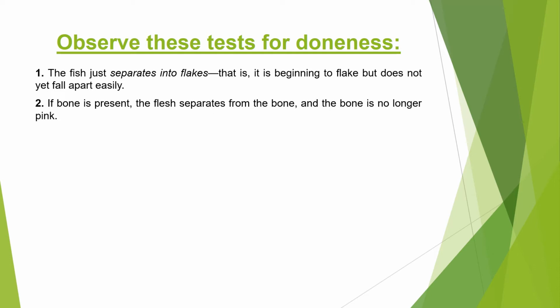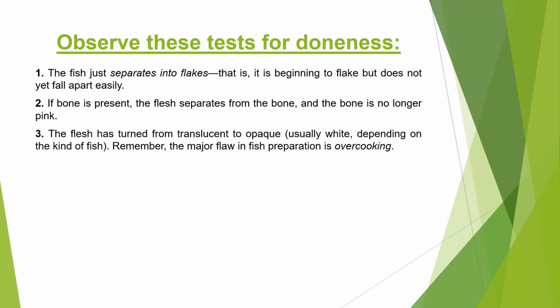If the bone is present, the flesh separates from the bone and the bone is no longer pink. The flesh has turned from translucent to opaque, usually white depending on the kind of fish. Remember that the majority of flaws in fish are from overcooking.